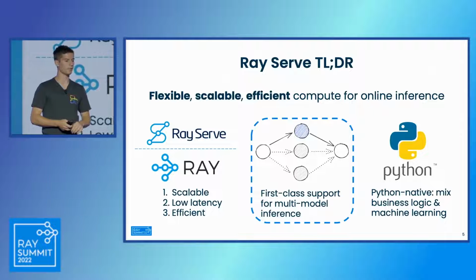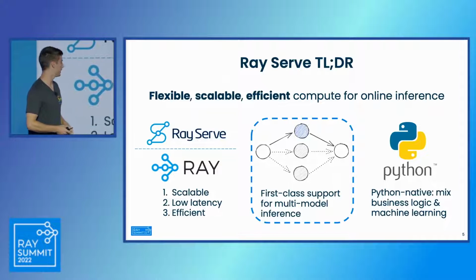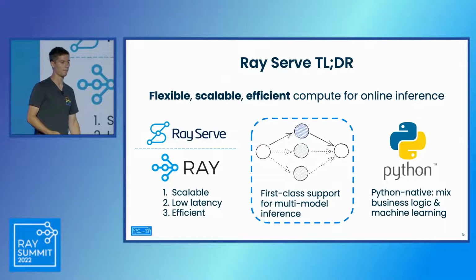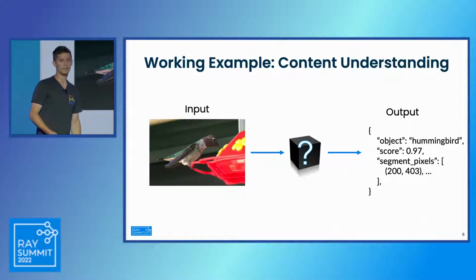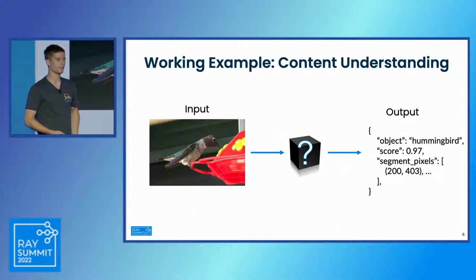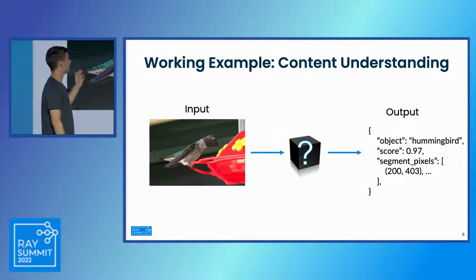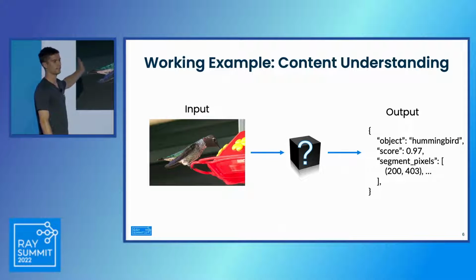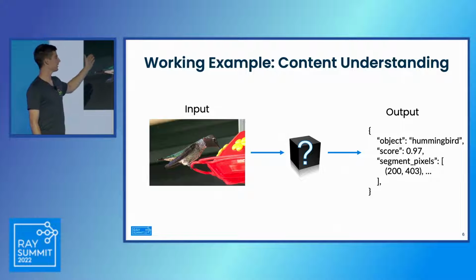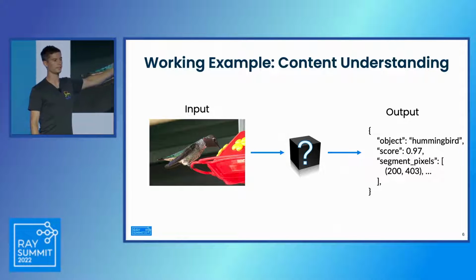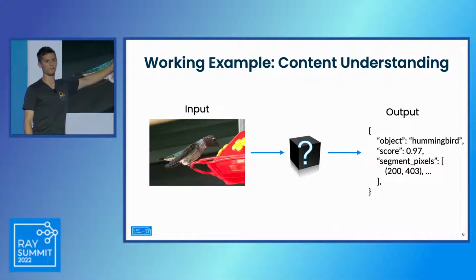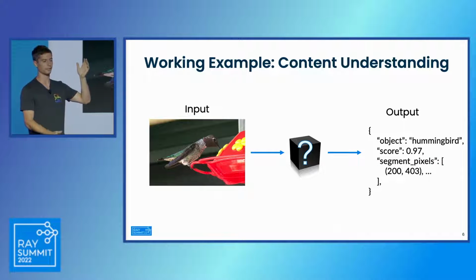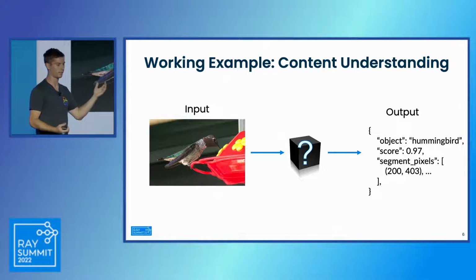So let's dive a little bit more into an example of a multi-model inference application. For the rest of this section, we're going to use this working example of building a content understanding API. You can imagine a user passes in an image. We pass it through some kind of machine learning process, and then as output, we want to have some kind of structured information about the image that's powered by machine learning.